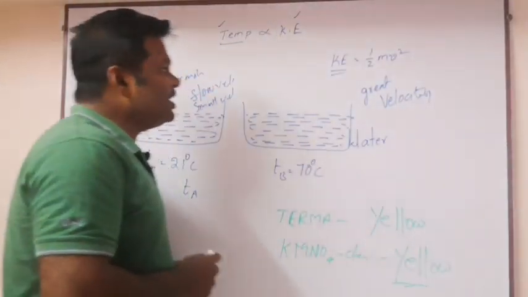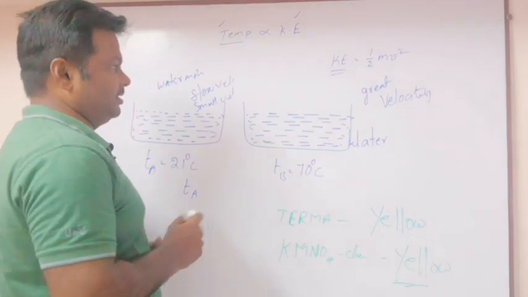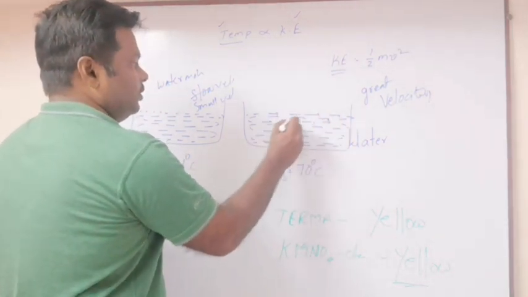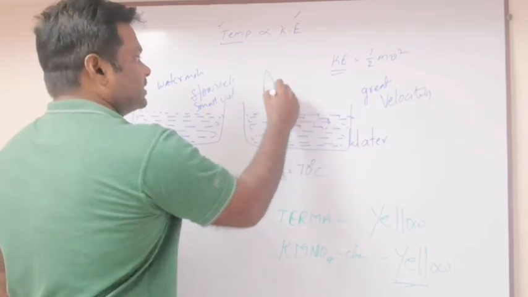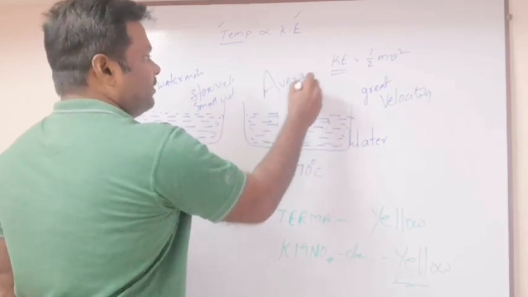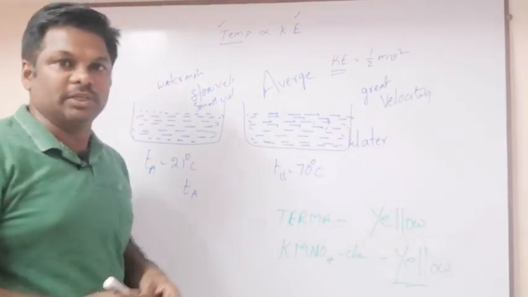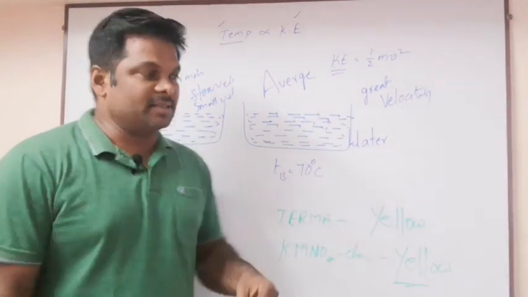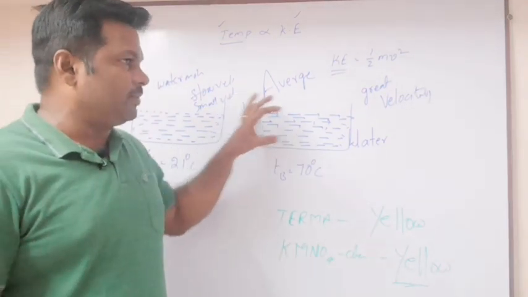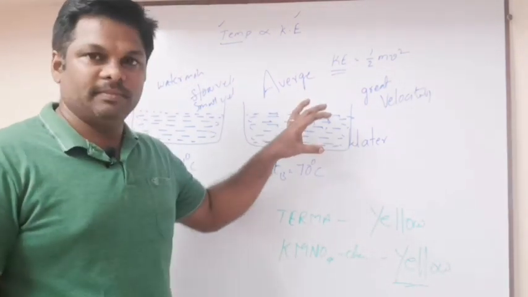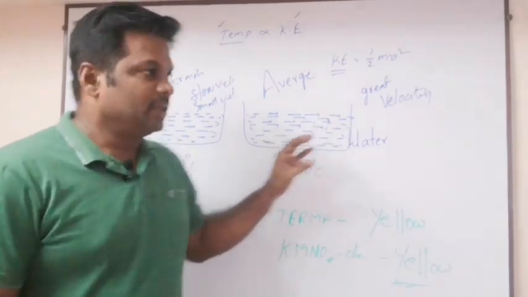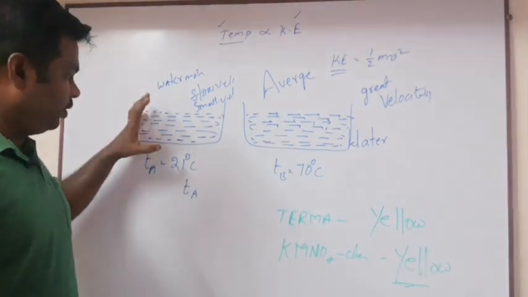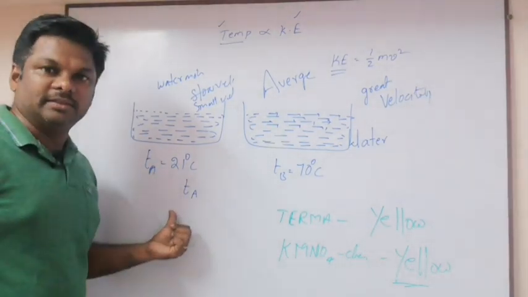Here we cannot measure the individual kinetic energies of water molecules, so we will take the average kinetic energy of the water molecules. The sentence can be converted like this: the average kinetic energy of the molecules is high in hot water, and the average kinetic energy of water molecules is low in cold water.